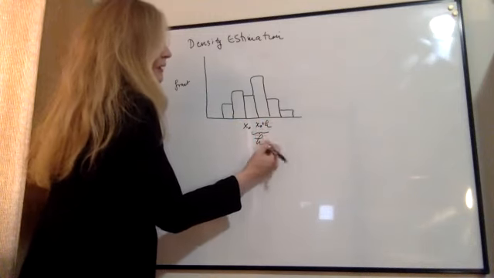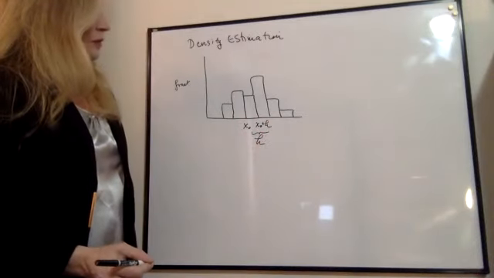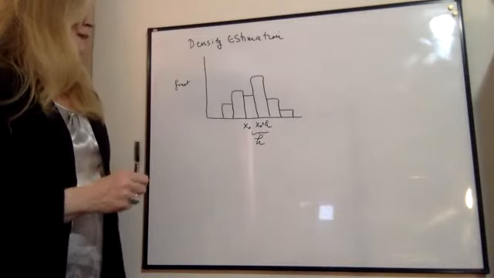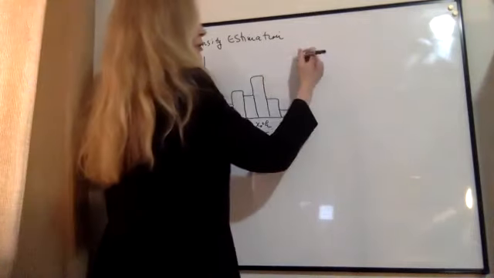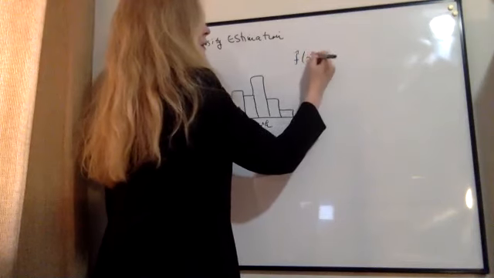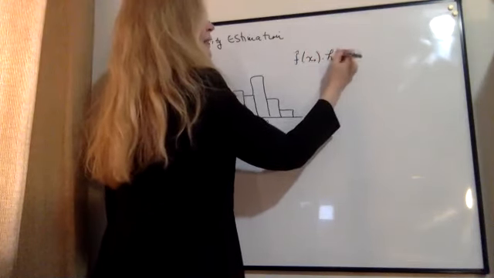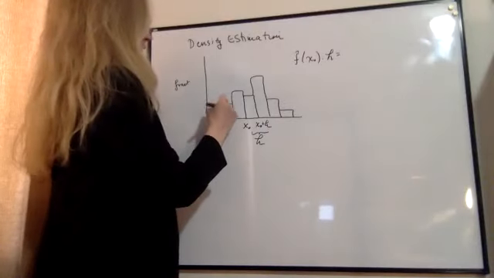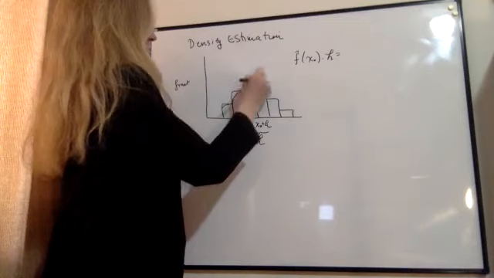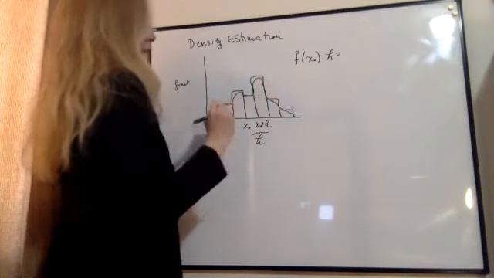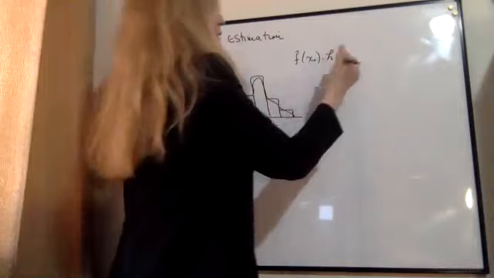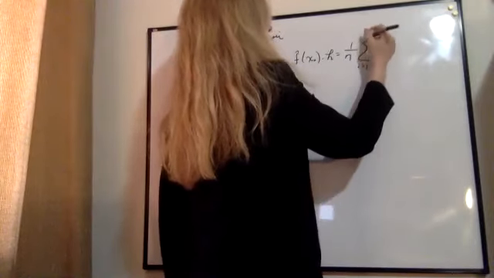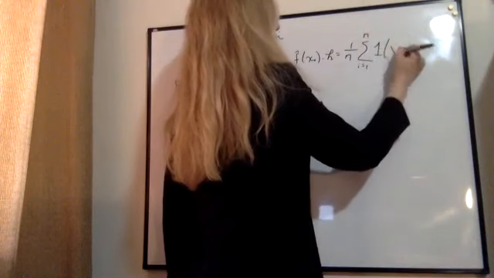So the width of the bin is h. So with the histogram estimator, if I took the density and multiplied by the width of the bin, because let's say it's some continuous density, this density times the width of the bin should be approximately the fraction of observations that falls within the bin.